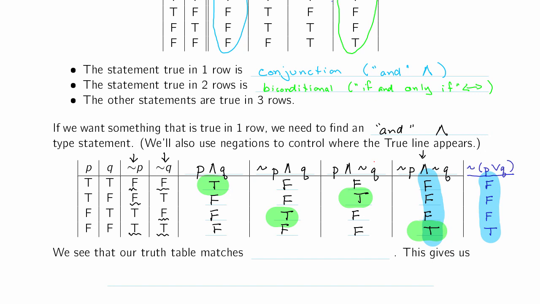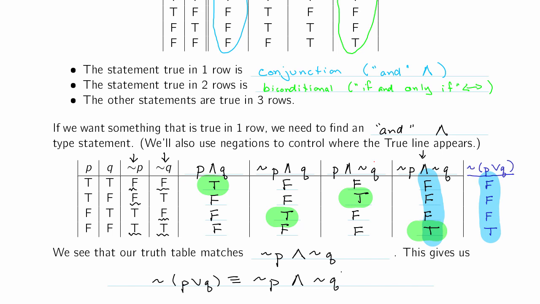We see that the truth table we're looking for exactly matches the column not P and not Q, which gives us the fact that not (P or Q) is equivalent to not P and not Q. So this is not the distributive property, right? Because when we get rid of those parentheses, the or becomes an and.